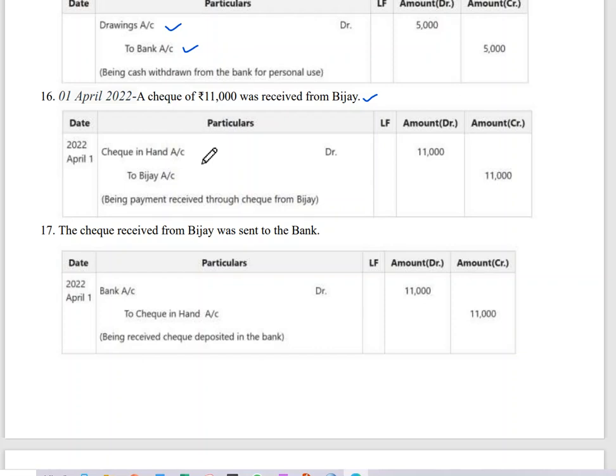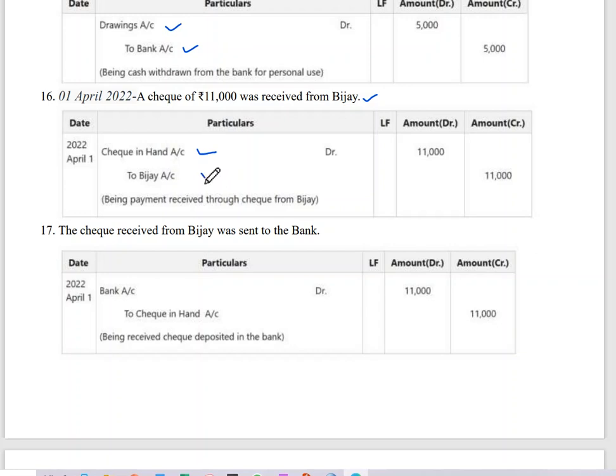Just because they have mentioned that the check is received, it doesn't mean that we are specifying the bank account here. The check is just received, it has not yet been deposited in the bank. So we say check in hand is increasing. Check in hand, cash in hand, all these items are assets for the business, so it is increasing in the business and we are debiting that.